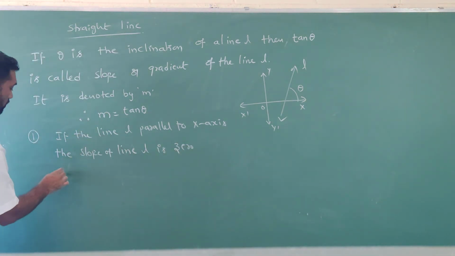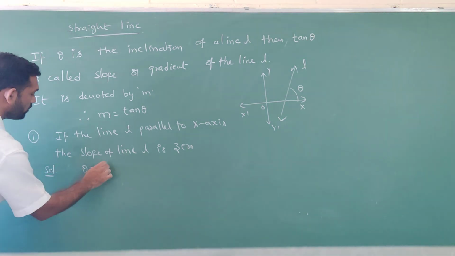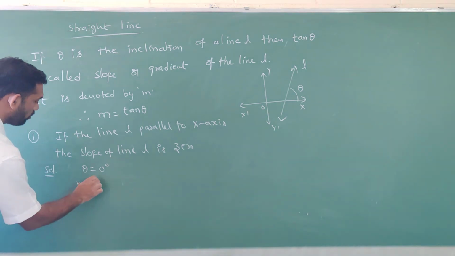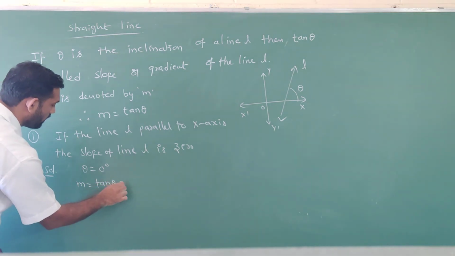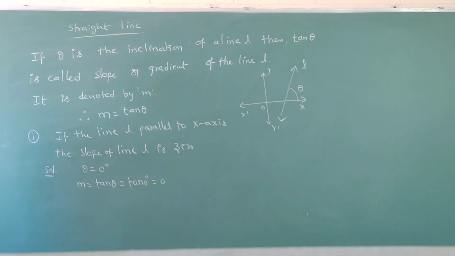It is parallel to x-axis means theta is equal to 0. We know that slope m is equal to tan theta. Put theta equal to 0, and we get tan 0, which is 0.